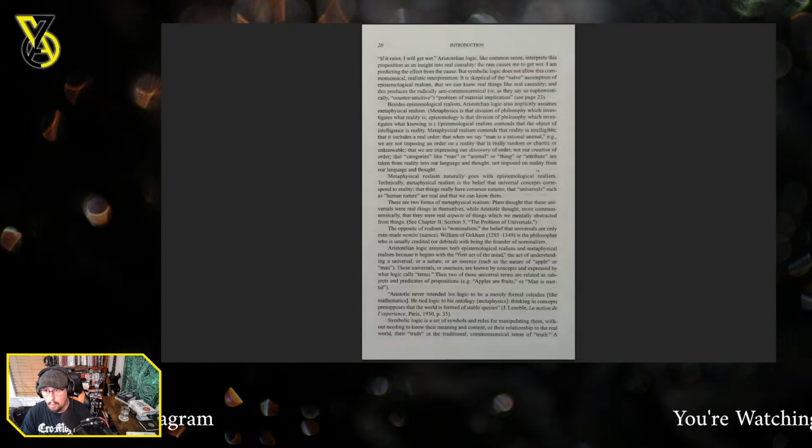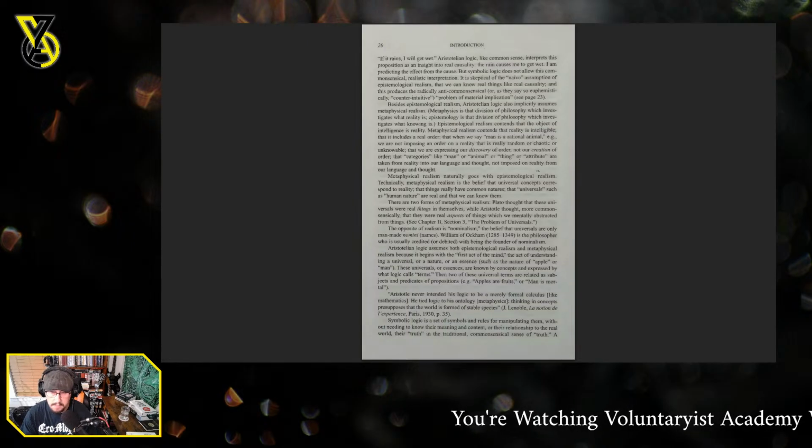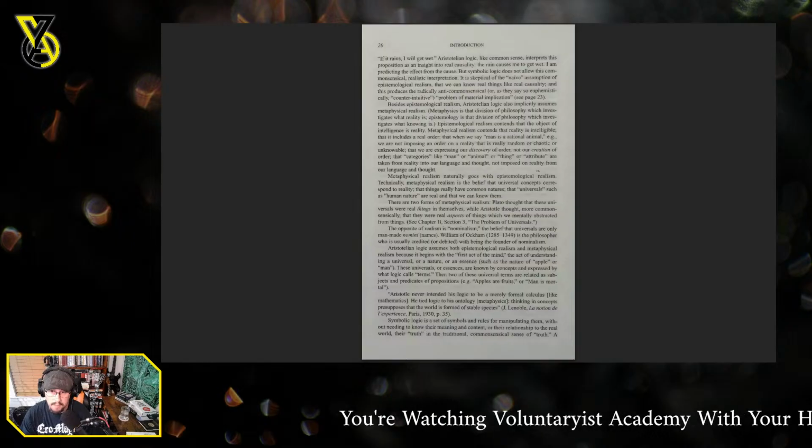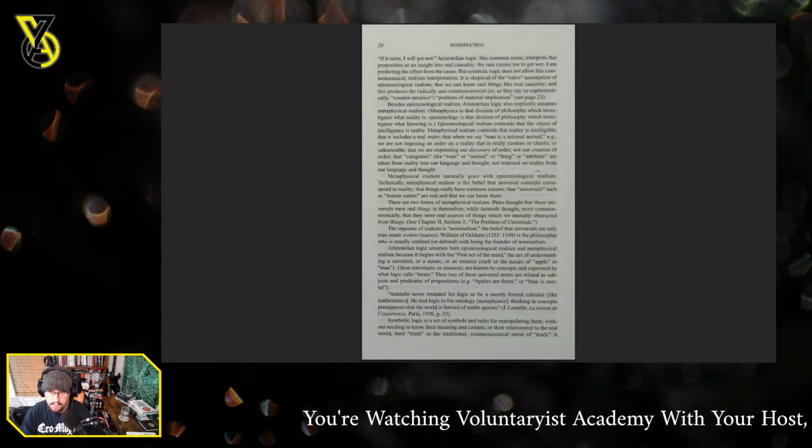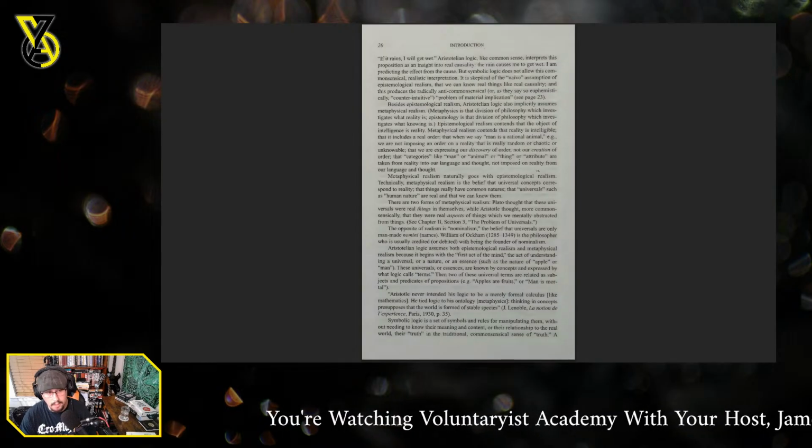We'll see more about that in a few more pages on page 23. So besides epistemological realism, Aristotelian logic also implicitly assumes metaphysical realism. Metaphysics is that division of philosophy which investigates what reality is. Epistemology is that division of philosophy which investigates what knowing is.